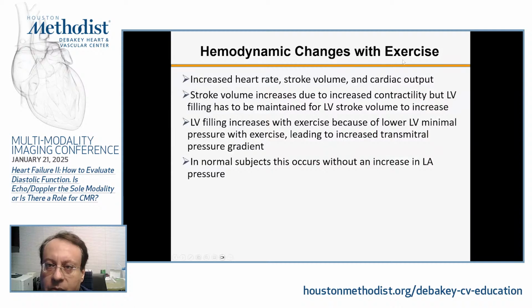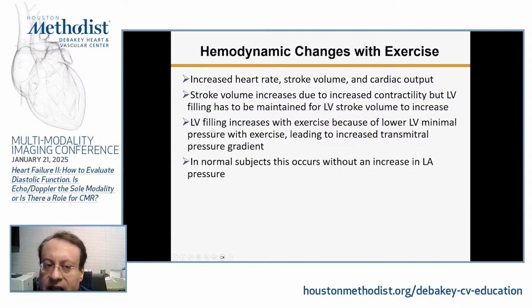The idea behind the hemodynamic changes with exercise is that heart rate goes up, stroke volume goes up, and cardiac output goes up. That's a normal heart. The reason the stroke volume increases is because LV contractility increases. But for contractility to translate to increased stroke volume, LV filling has to be maintained.